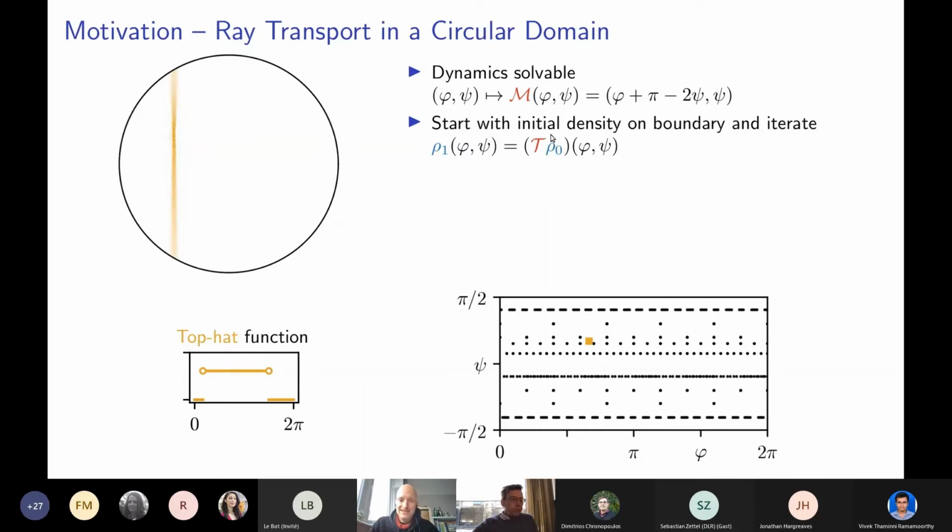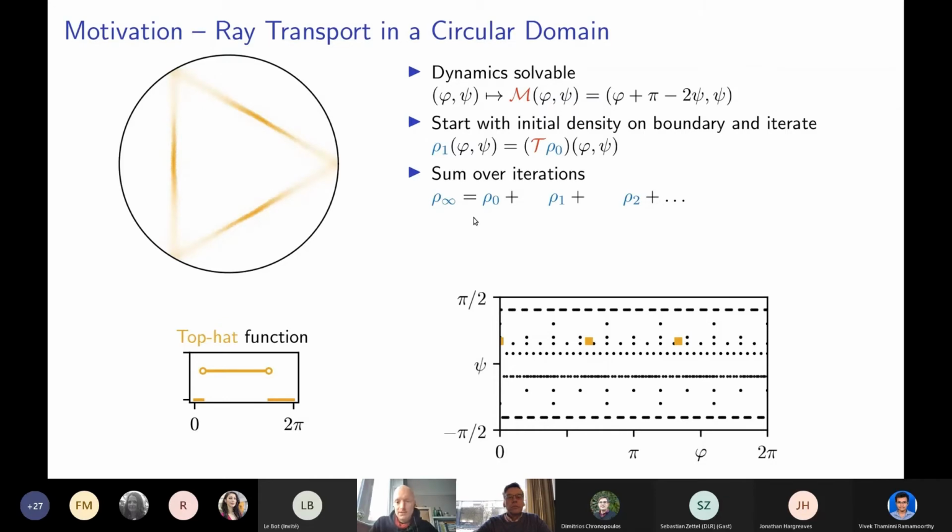It takes one density and maps it forward throughout the whole domain. And if we stick with our example of a small rectangle patch here, we can actually sum up several contributions. So this is now the first contribution from our initial density, and this is the next iterate. We can add a third one and a fourth one, and actually infinitely many.